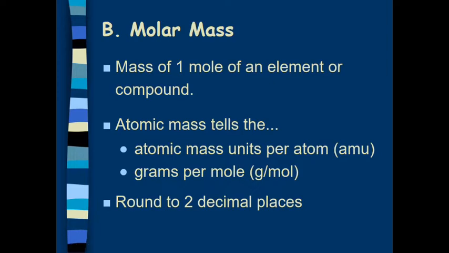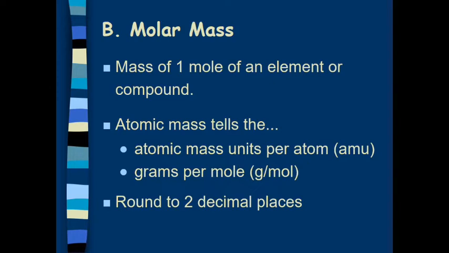So if I'm looking at your periodic table, for instance, I'm looking at hydrogen, which is 1.008. We would write down hydrogen's mass as 1.01. If I'm looking at helium, which is 4.003, we would use 4.00. But you cannot add decimal places.